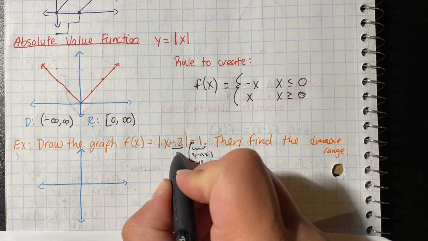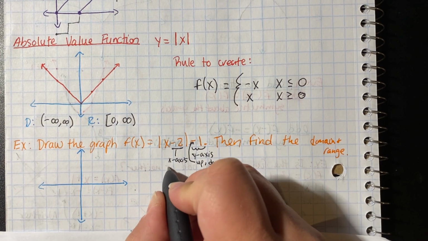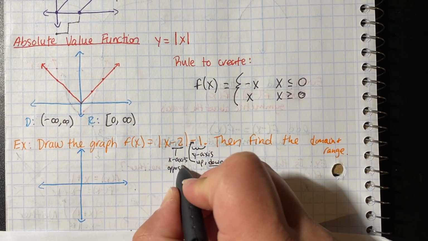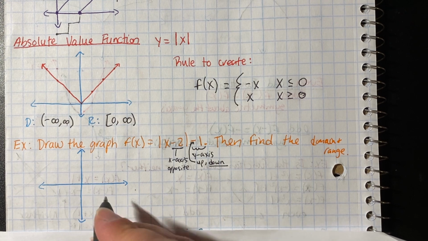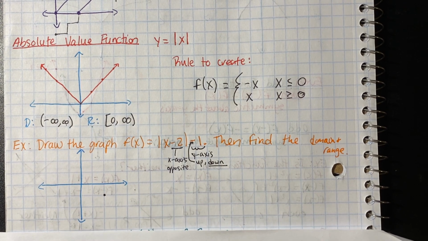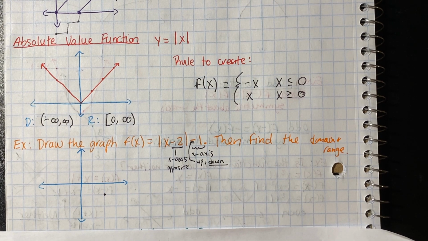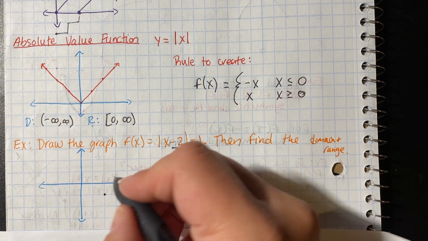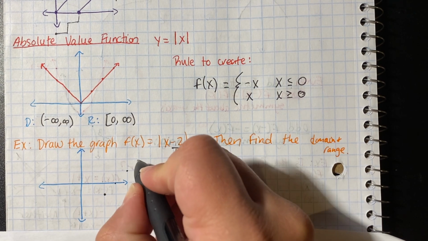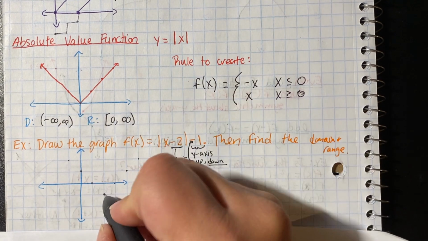So instead of going negative, this is going to go on the x-axis, and it's pretty much the opposite. So instead of going negative 2, we're going to go positive 2 and down 1. And that's going to be the starting corner for our absolute value function. Now, because there's nothing in front of the x or the whole thing, we just go at our v.